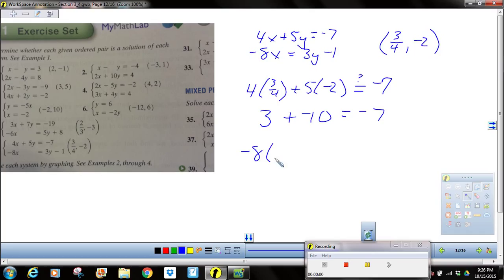-8 times 3/4. To be a solution, that will have to equal 3 times -2 minus 1. -8 times 3 is -24, divided by 4 is -6.